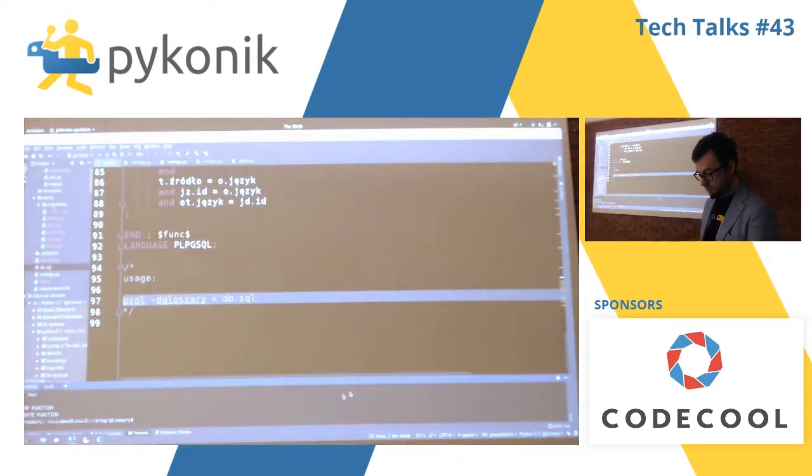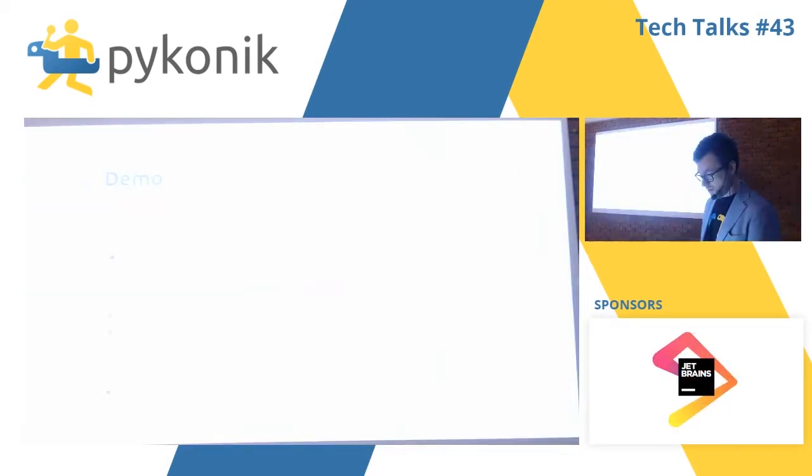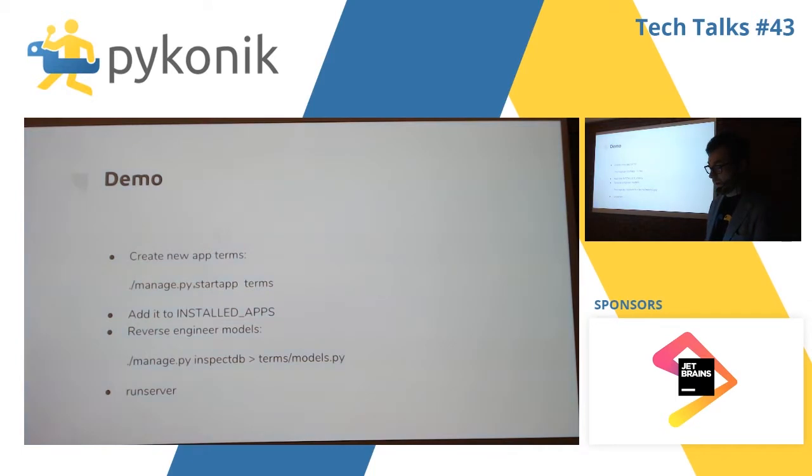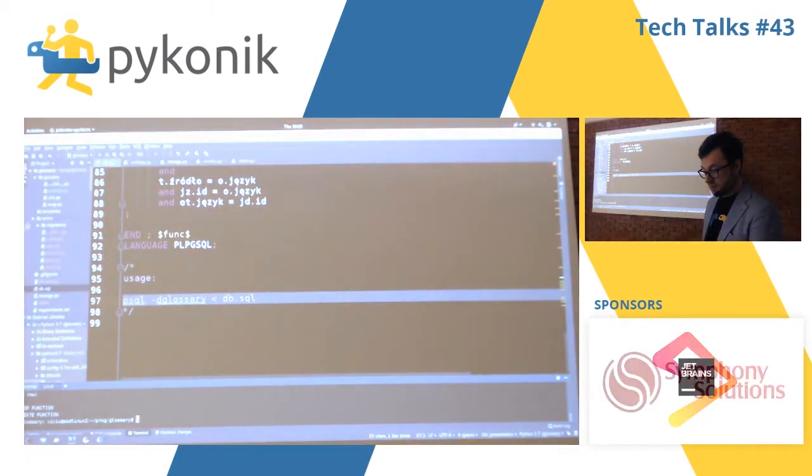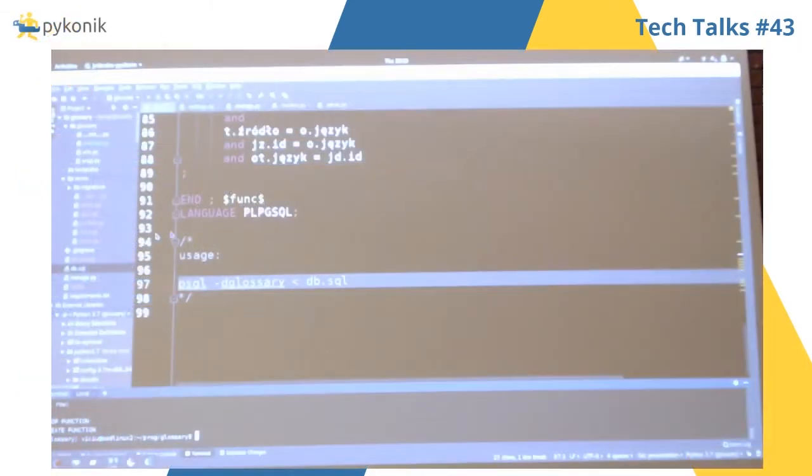What I'm going to do now is create a new app called Terms. Actually, I did that already, it's just a Django admin command to create an app, and I'm going to reverse engineer the database we got access to.